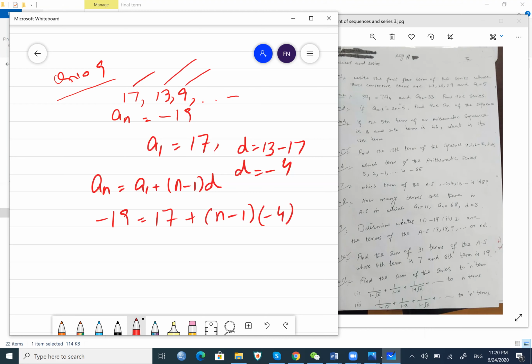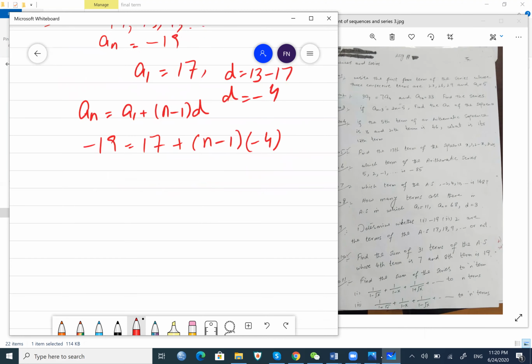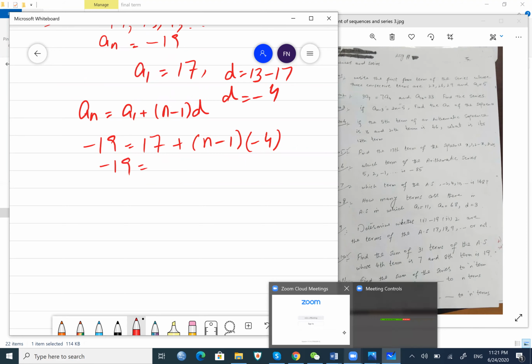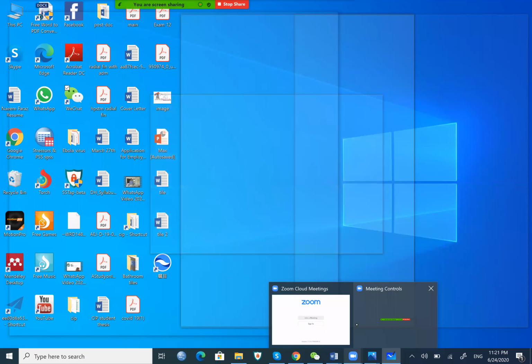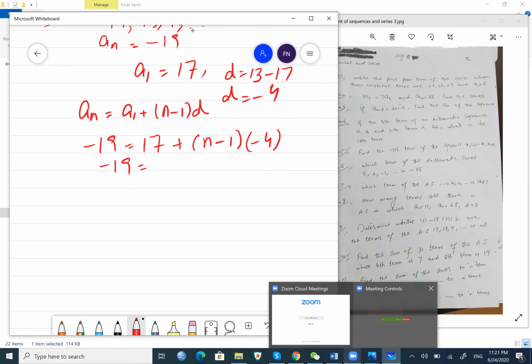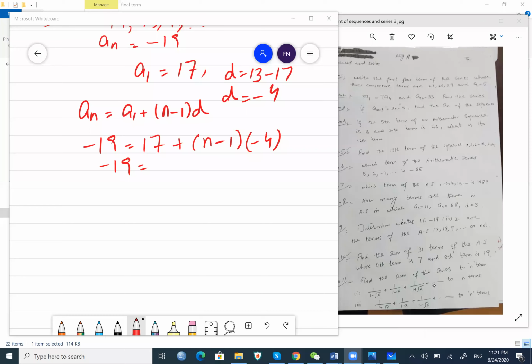D is minus 4. Sir, I can't see the screen. I did share the screen. It says you are sharing, but I can't see it. Can you guys see it? You should start sharing again.